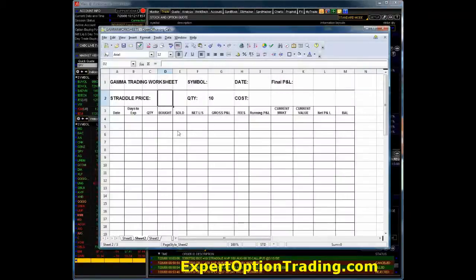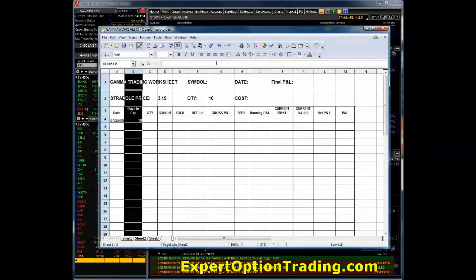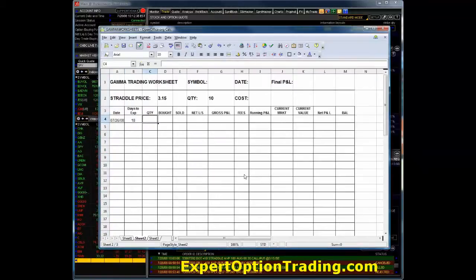We take a look at our order book here. Today's date, which is July 26th. We have 18 days to expiration. We want to make sure that we keep an eye on that at all times, because the closer we get to expiration, hopefully the more opportunities we'll have to trade this stock.